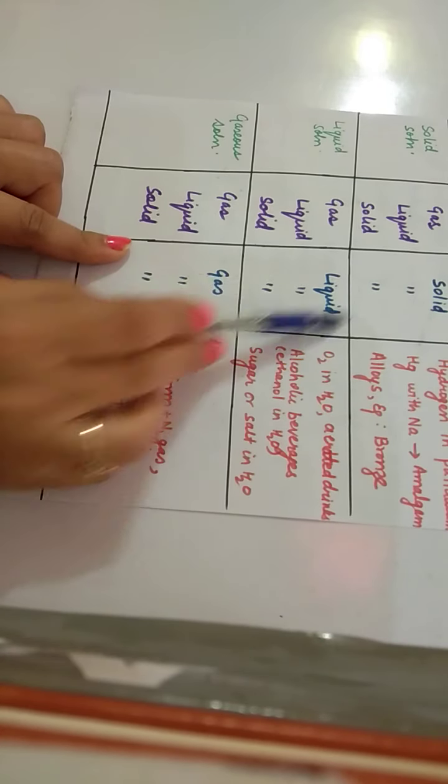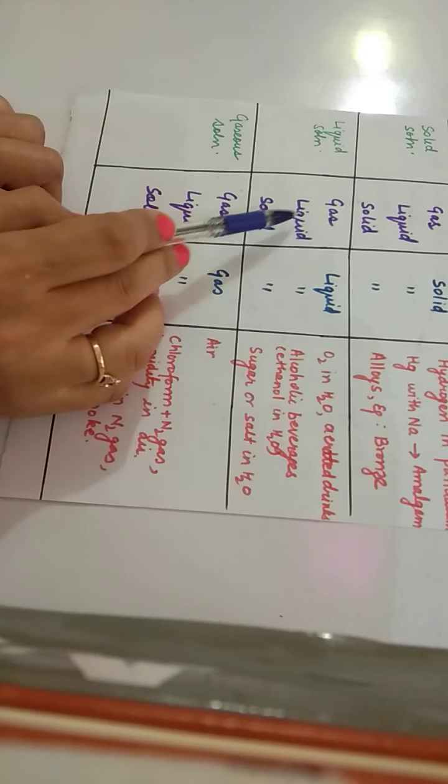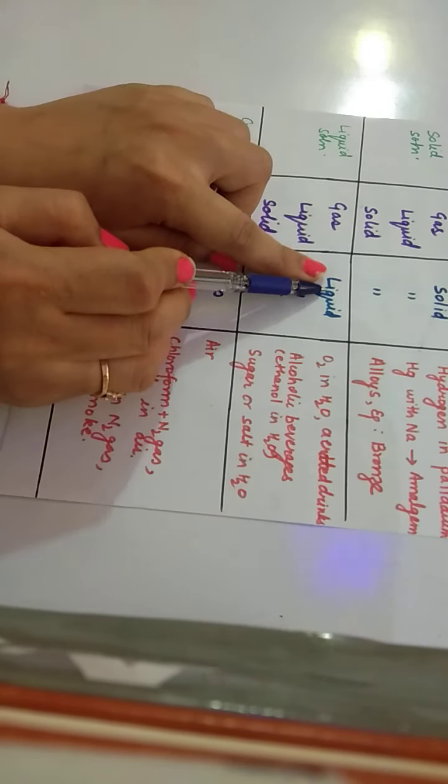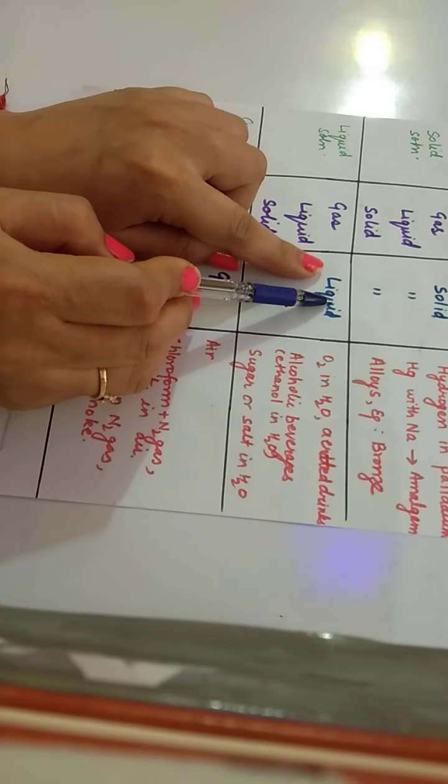Next, liquid solution. The solvent is liquid, the solute is gas, liquid or solid. First, you are dissolving a gas in a liquid. You have seen aerated drinks, you all drink cold drinks. In that, carbon dioxide is dissolved in liquid.